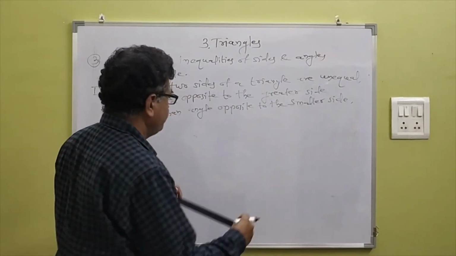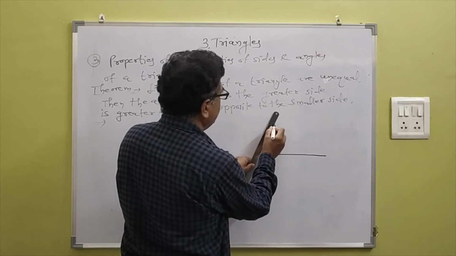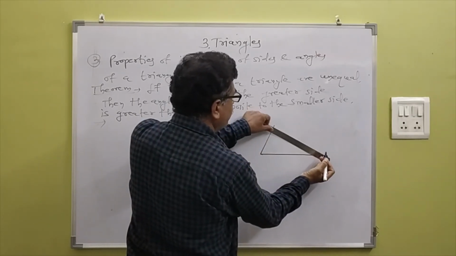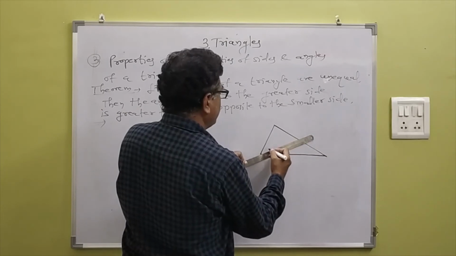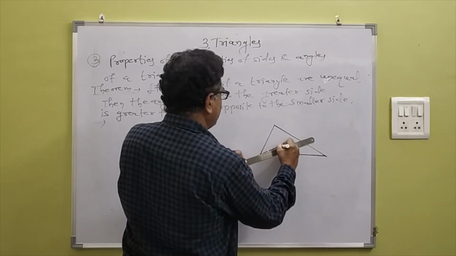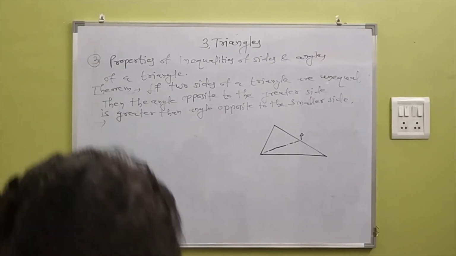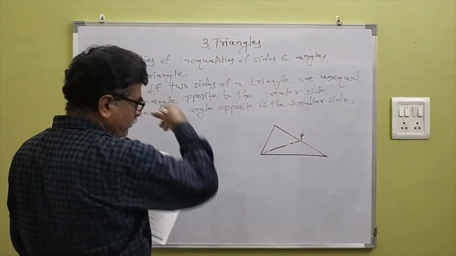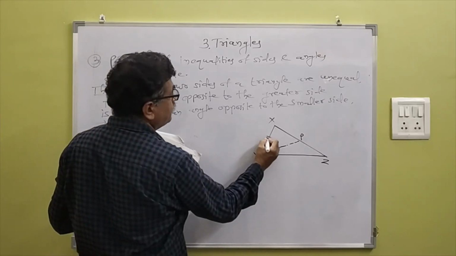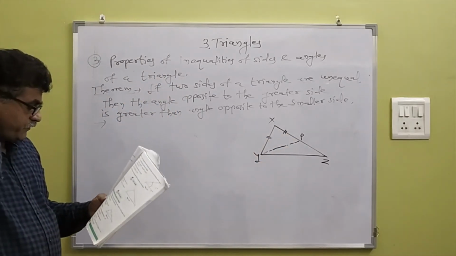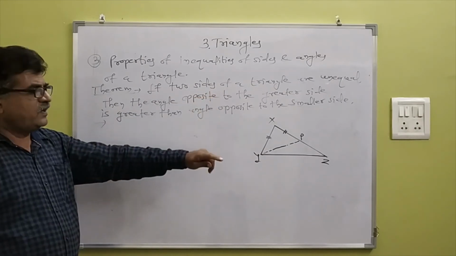Now here draw the figure. First we draw the figure. X, Y, Z, P. Now here, if two sides of a triangle are unequal.